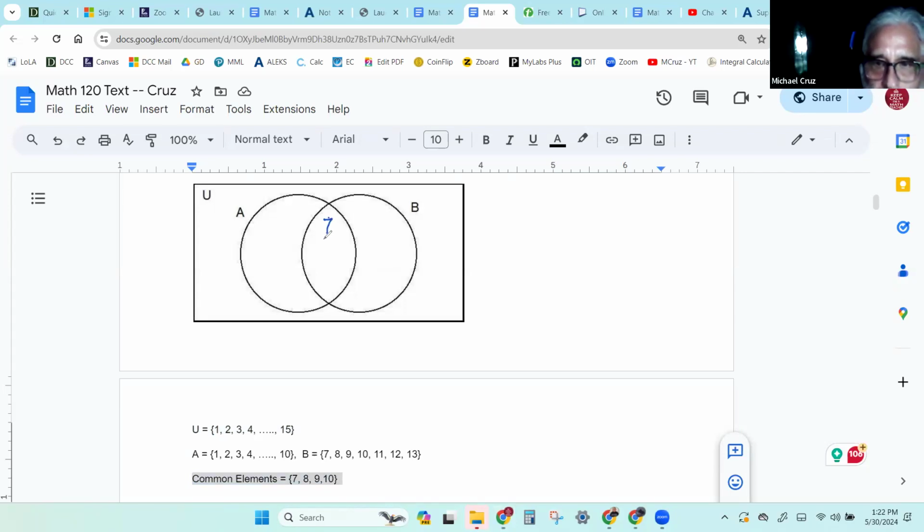So 7, 8, 9, and 10 go there because they belong to both A and B. When you're in that middle football shape of two circles in a Venn diagram, and when you got 3, we'll look at that eventually, whatever the section is that contains, that's inside of both, that's your common elements.